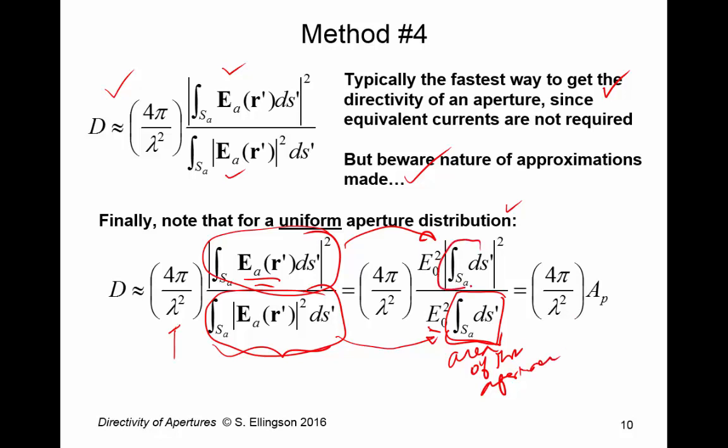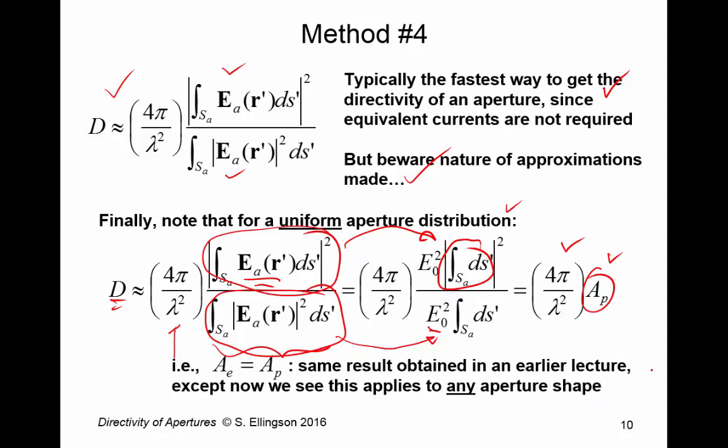And so is this. So what we have here is magnitude of the area of the aperture squared over the area of the aperture, which is simply just the area of the aperture. So we find that the directivity is 4 pi over lambda squared times the area of the aperture. That's an expression that we've seen before.